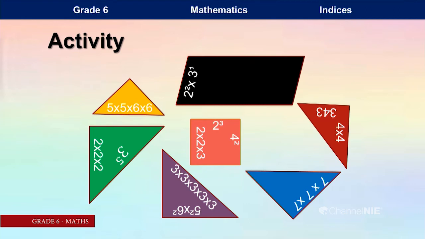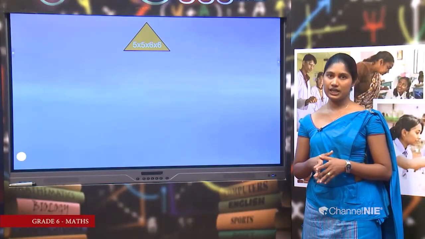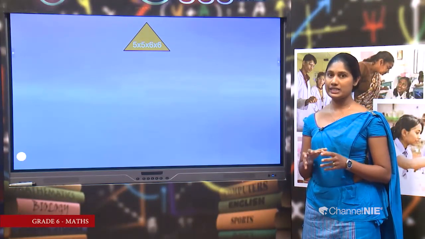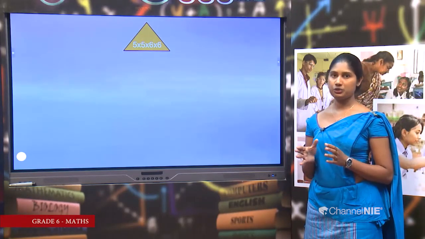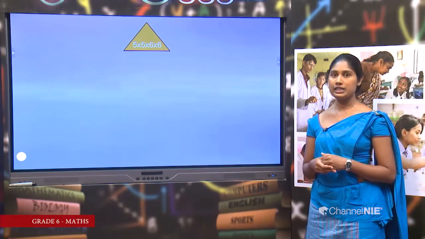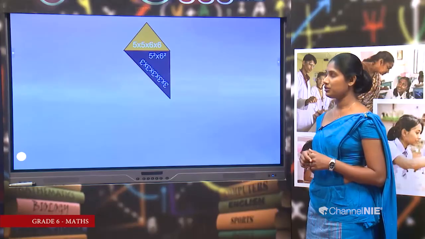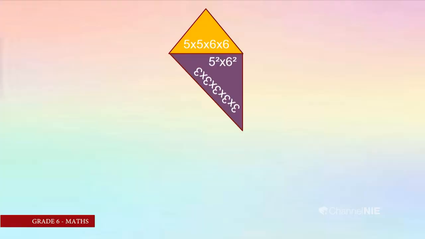This is the way we are going to do this activity. Let's see how to do this. Here I have taken this yellow colored triangle, that consists of 5 into 5 into 6 into 6. Then I am going to write this using indices. So, that triangle I can connect. That is 5 squared into 6 squared.